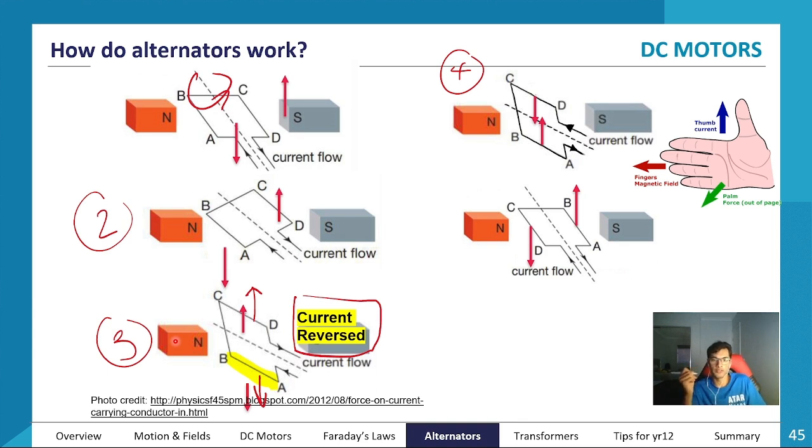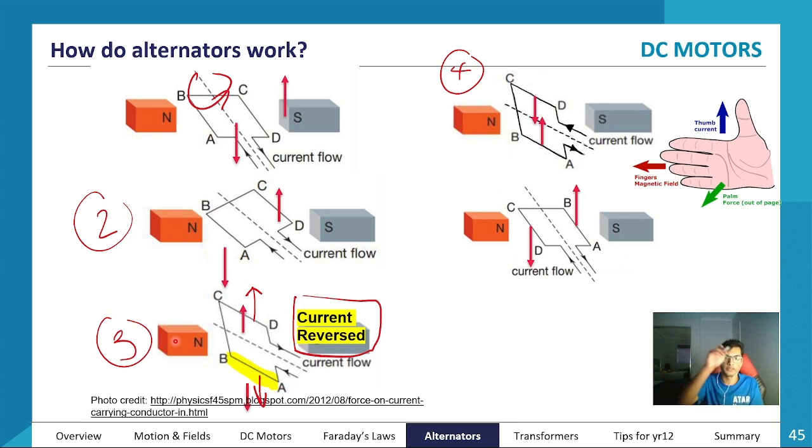The reason why the current is reversed is if you were to do this exercise and not change the current, if you were to keep doing the right hand slap rule to see which way the force is acting, when we get to position 4, the force on the coil is going to push the coil back the other way, right?